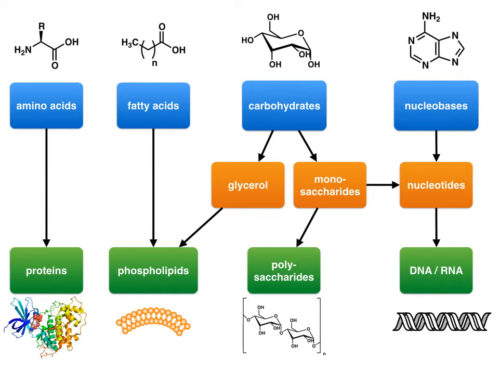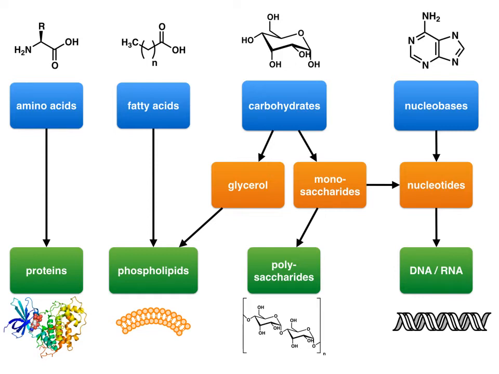Okay, carbohydrates, right? So carbohydrates are just long strands of sugar, and they're broken down into monosaccharides. So a monosaccharide, for example, is glucose or fructose. It was originally in a long strand of carbohydrate, and enzymes broke it down to monosaccharides.